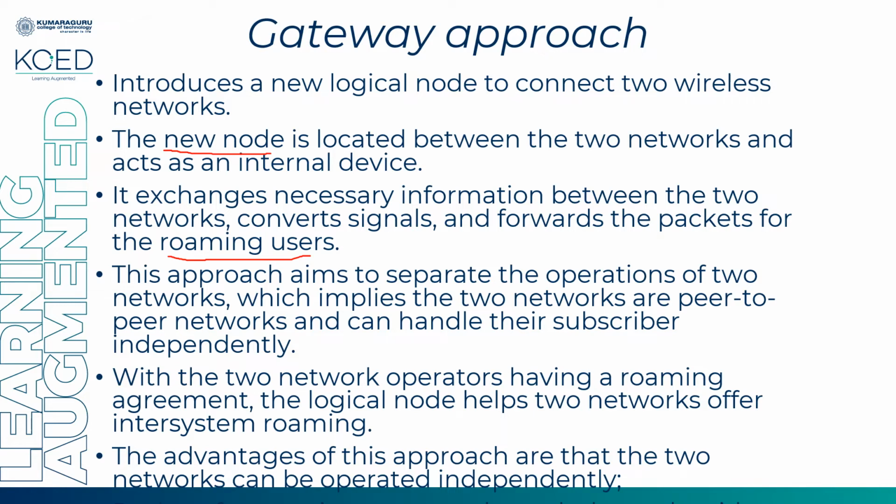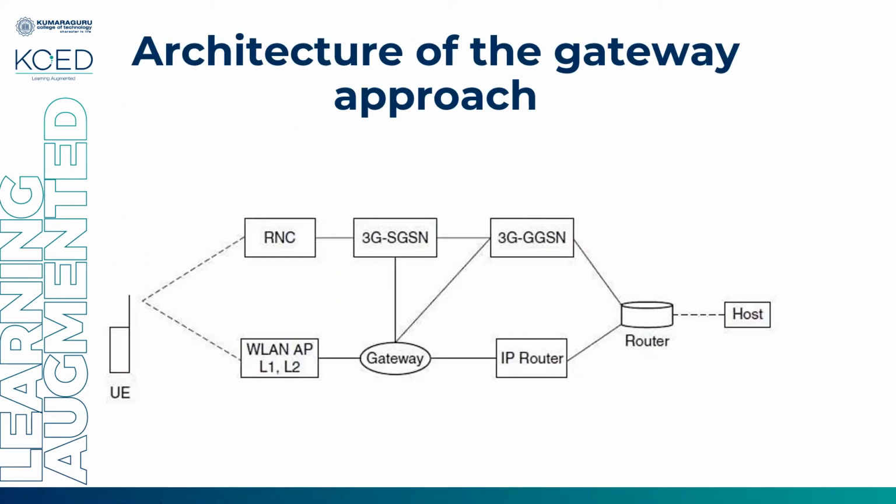Yes, so this approach will separate the operations of the two different networks. Every network will have its own function as usual. We are not going to change the architecture. Instead, the gateway node will take the responsibility which is required for the seamless roaming capability. So what is the advantage here? That each network can operate independent of each other.